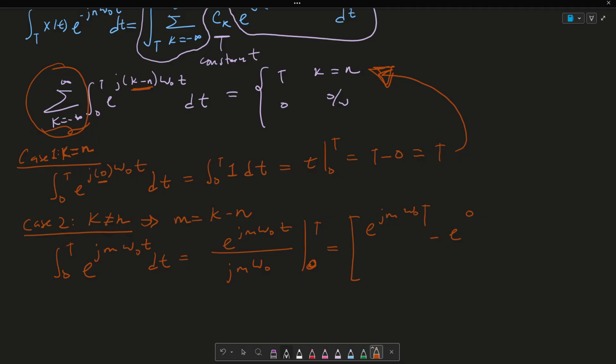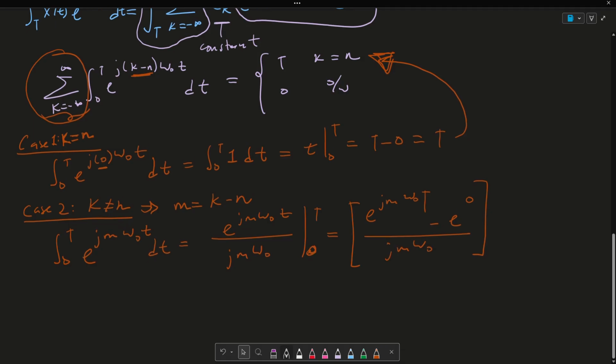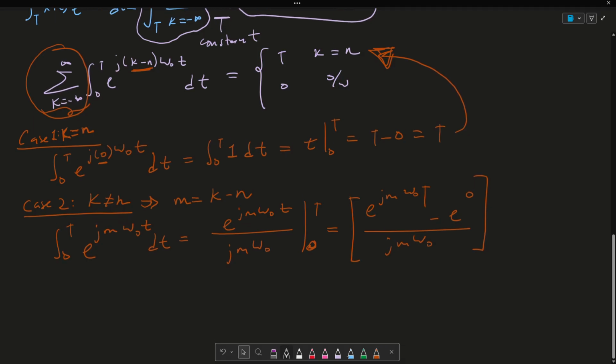Because again, it's being evaluated at 0, divided by jm omega naught. All right. So this is where it becomes a bit tricky. So keep in mind that omega naught we said was 2 pi over T. So these T's cancel out.